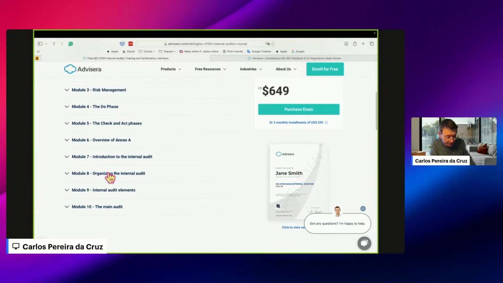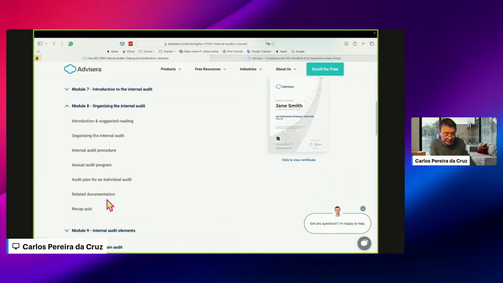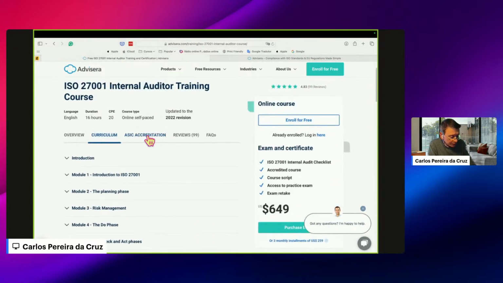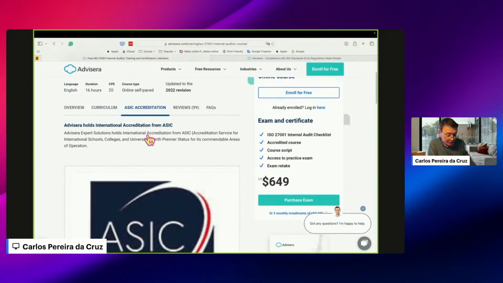For example, organizing the internal audit. These are the topics that you will see developed in the videos: organizing the internal audit procedure, annual audit program, audit plan. And this is also accredited, with ASIC accreditation.